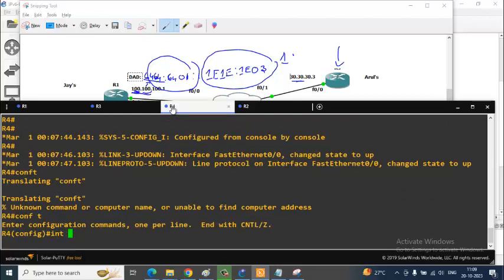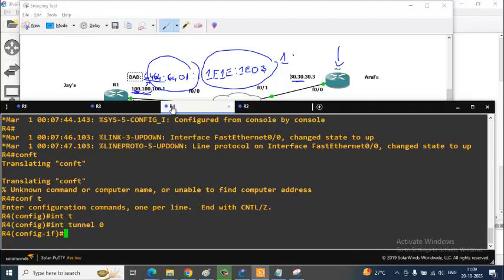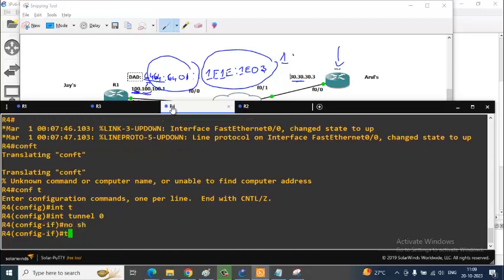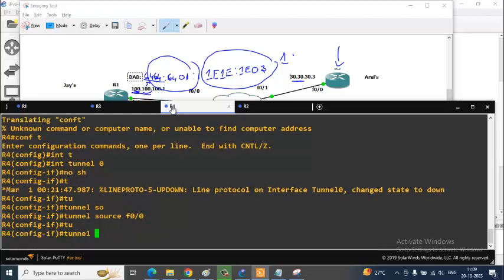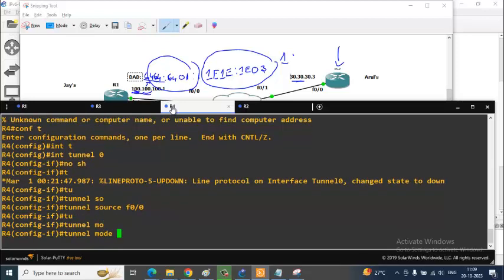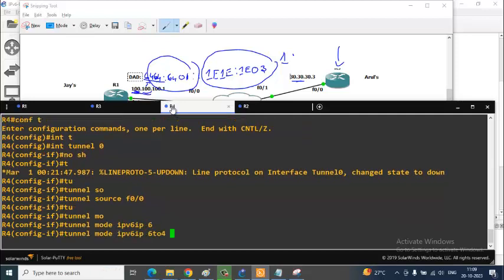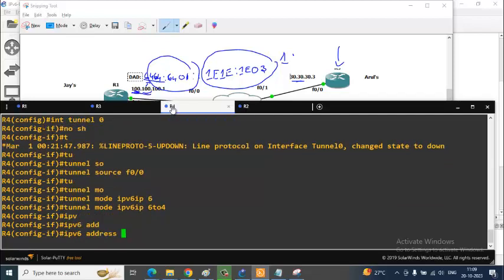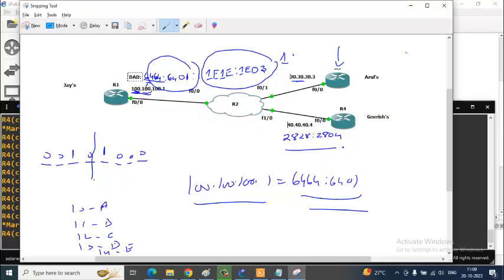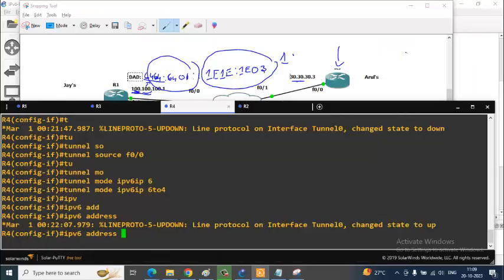Next, interface tunnel 0. Tunnel source is F0/0. Tunnel mode is ipv6ip 6to4. The IPv6 address for Girish can be anything in the beginning.